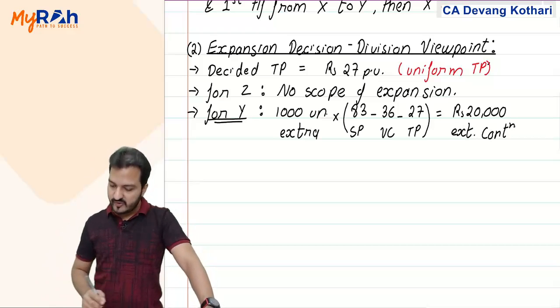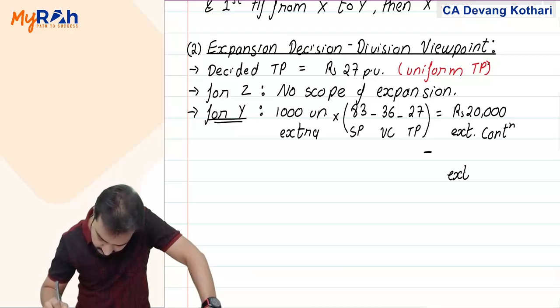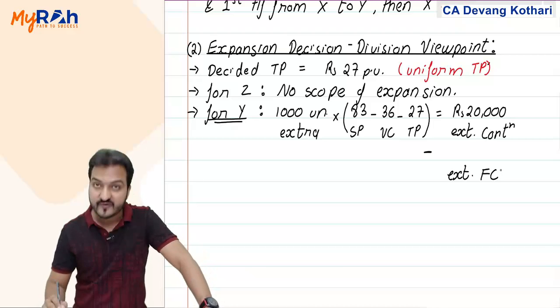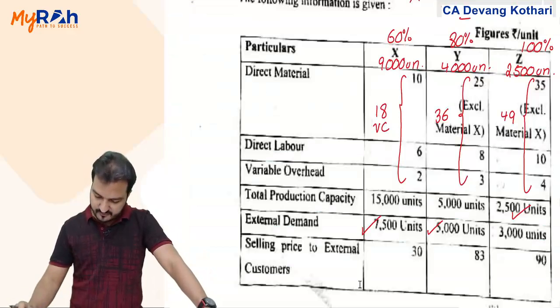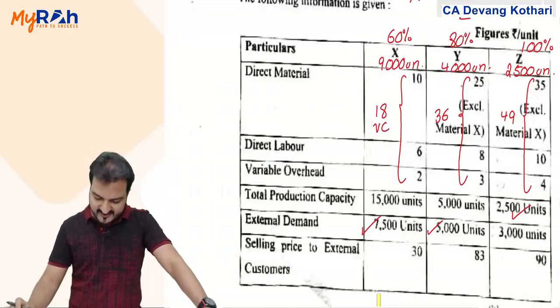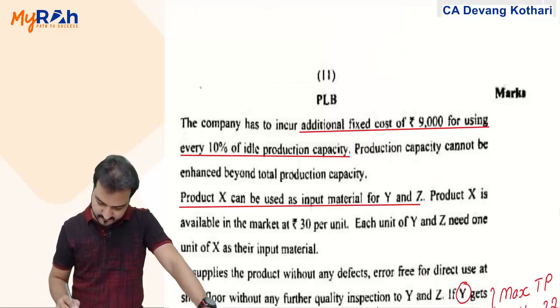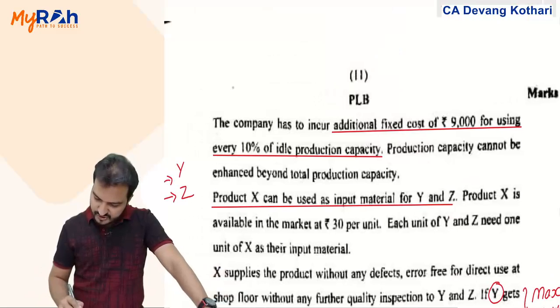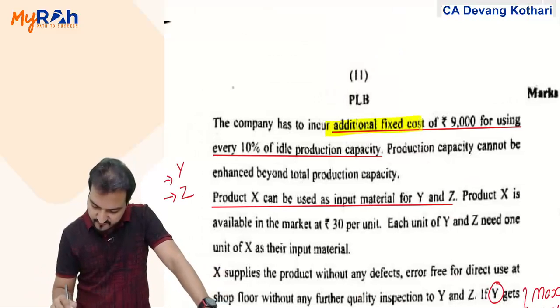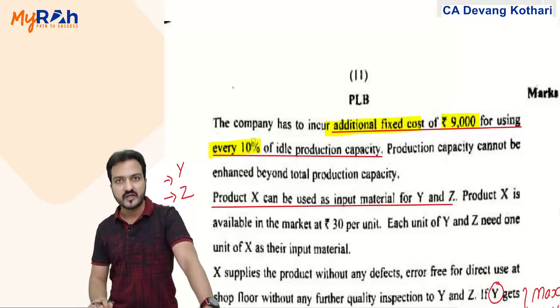But against that 20,000 extra contribution, they will also incur extra fixed cost, because as per the question, for any expansion they will incur extra fixed cost. As per the question, you will incur additional fixed cost of 9,000 for every 10% of capacity expansion.